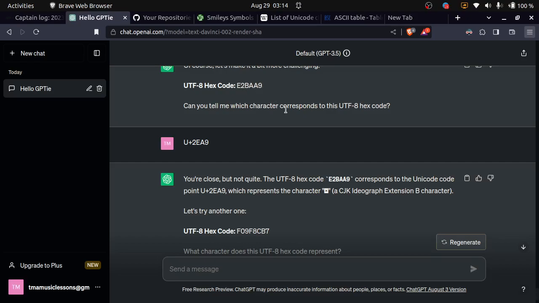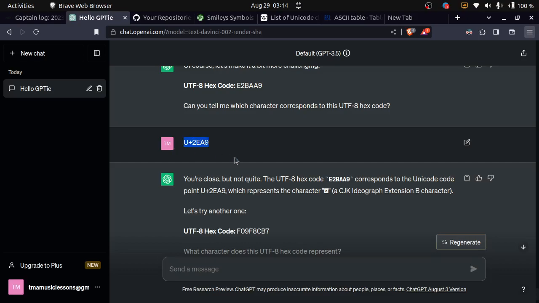E2BAA9. What is it saying now? I don't understand what it's saying right now. Let me give you the Unicode. And you're telling me the hex code that you gave me obviously corresponds, that we got it right. So why is it saying you're close but not quite? Is it getting something disturbing its head?